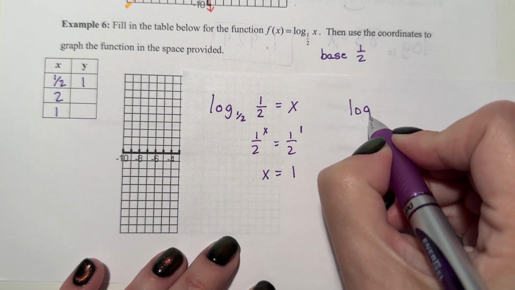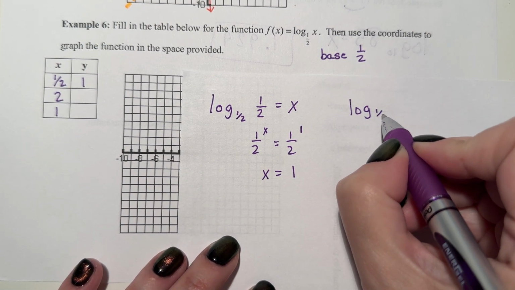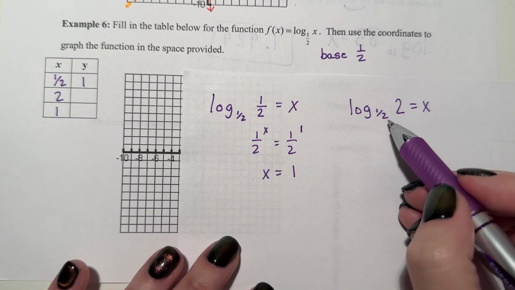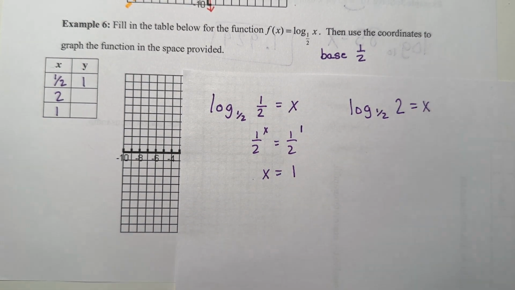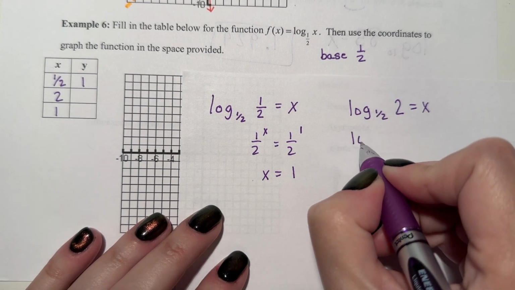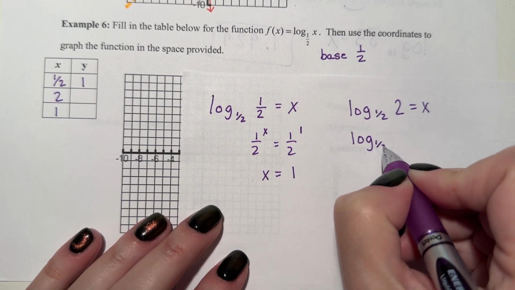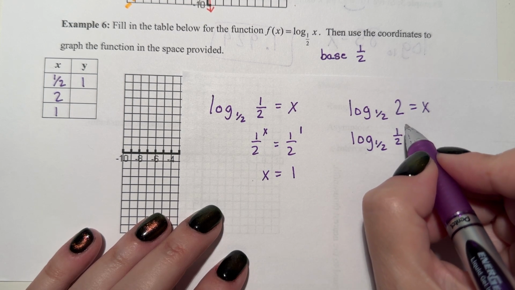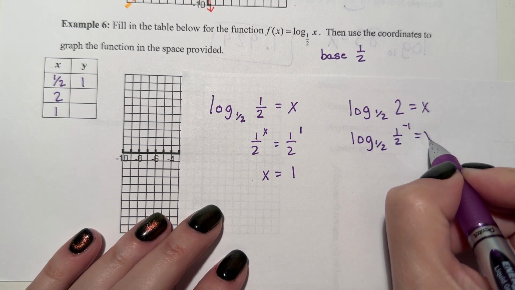So I've got log base 1/2 of 2 equals x. All right, so remember, these have to match. We're ramping it up a little bit. It's not the super hard one, but it's a little harder. So that means that this is log base 1/2 of 1/2 to the negative 1 power equals x.